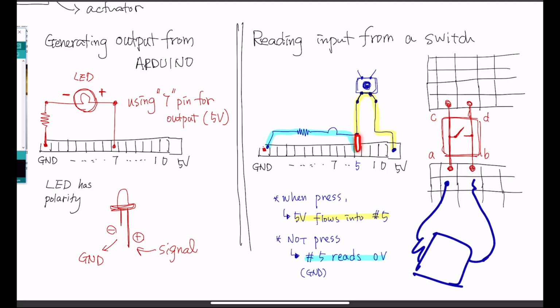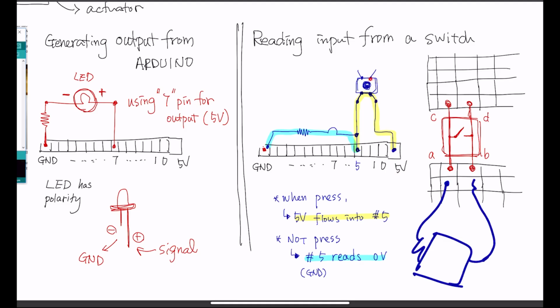So we have a closed circuit, highlighted by the yellow color. If you press this button down, then 5 volts flows into pin number 5, so pin number 5 is reading 5 volts.